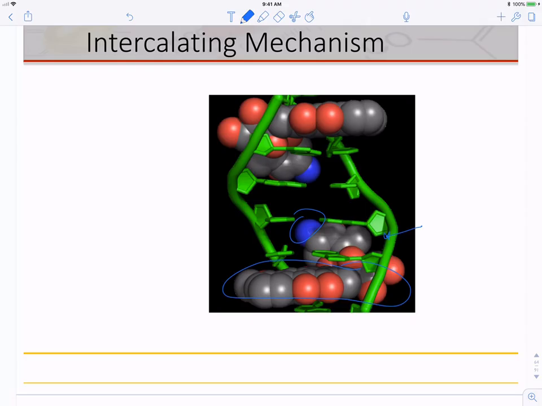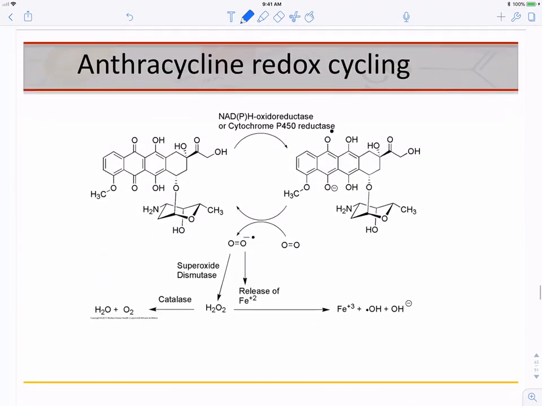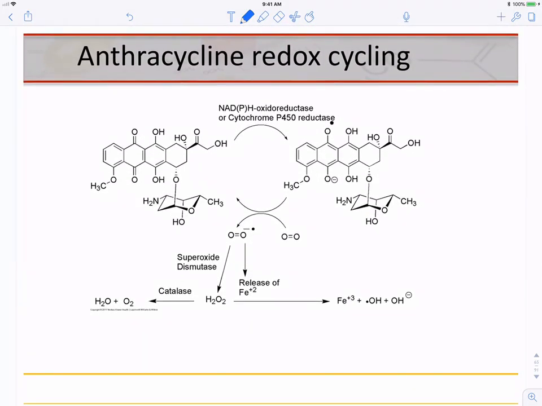So the planar aromatic chromophore intercalates, and the sugar sits in the minor groove and interacts with the flanking base pairs. And so what it does again is prevent the detachment of the topoisomerase 2 and stabilizes the complex, and so the DNA helix cannot recycle.